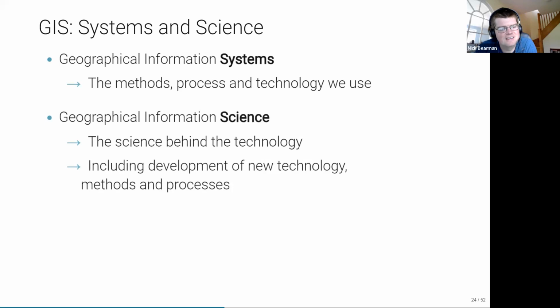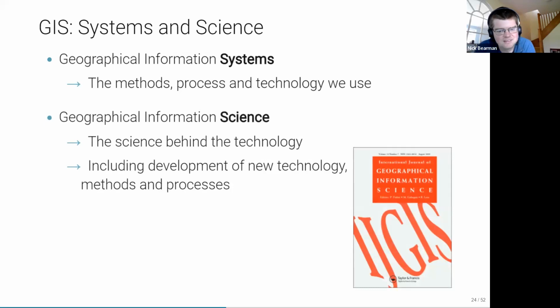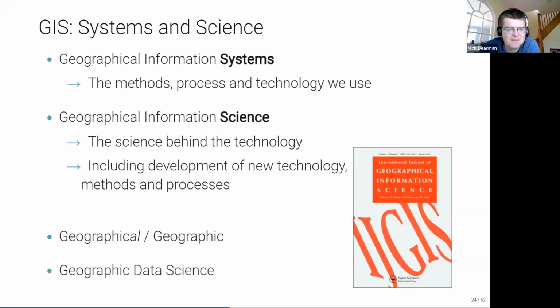GIS science is the development of new methods and techniques. So the academic side is called Geographical Information Science, and one of the main journals in the field, IJGIS, is called International Journal of Geographical Information Science. Geographic is probably more US. Geographical is more UK. Take your pick.